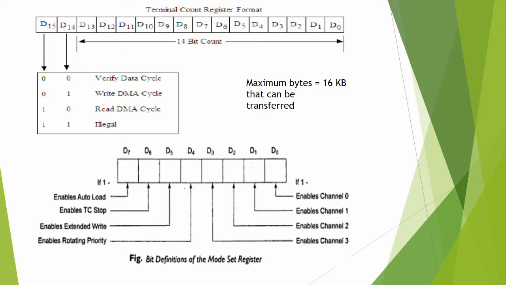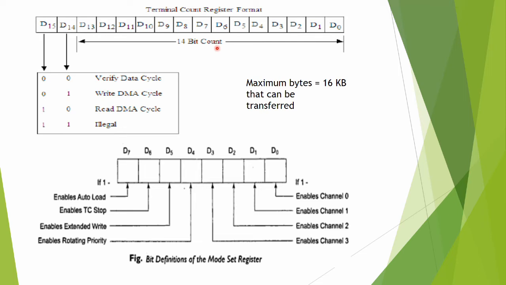There are certain important registers associated with the DMA controller. One of them is the terminal count register. Its format is like this. Bits D0 to D13 represent a 14-bit count. Some number is loaded into this terminal count register, and as the memory is being transferred, the number goes on reducing.